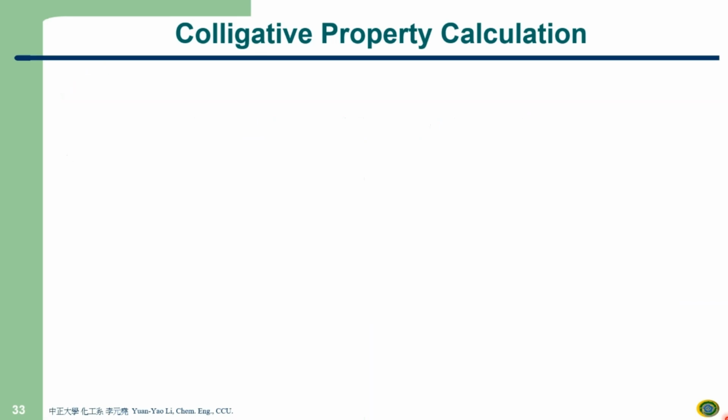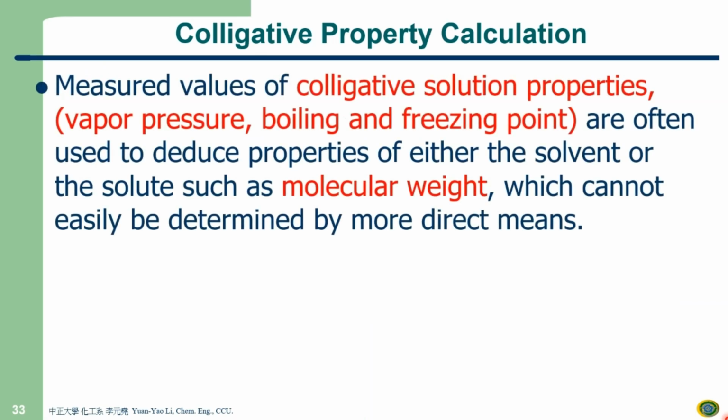Colligative property calculation is that when we measure a value, we understand we will lower the vapor pressure, raise the boiling point, and lower the freezing point. But what's the degree of this? We need to know the differences.